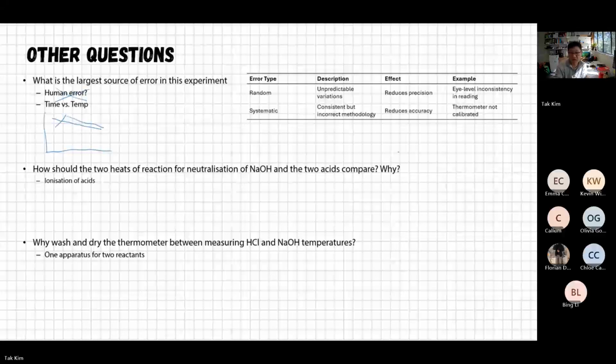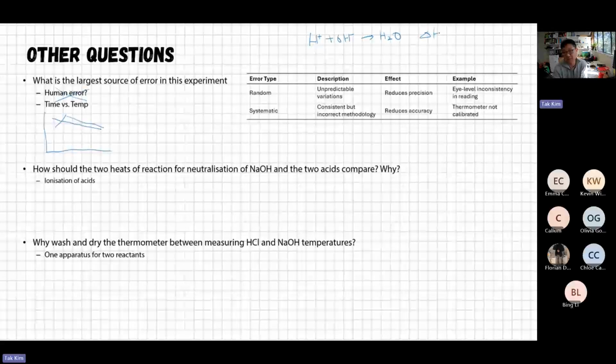So ideally, using a strong acid, and if you manage to make water, the number you expect to have should be around 58 kilojoules or more.